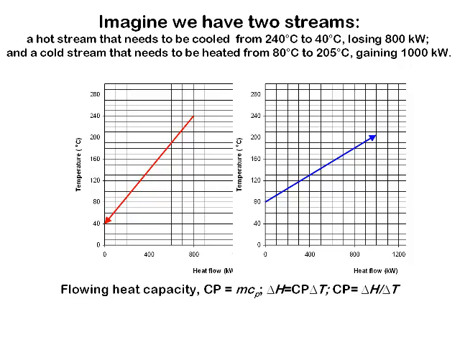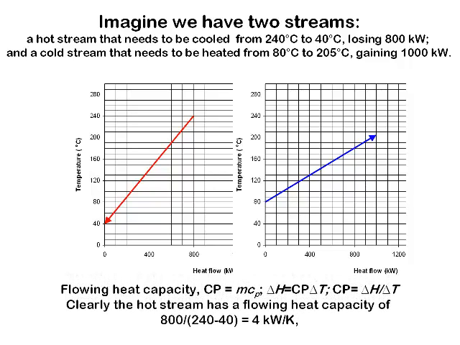So clearly for our particular hot stream, it has a flowing heat capacity that can be calculated as 800, which is the heat flow change, the stream enthalpy change, divided by the temperature change, 240 minus 40, which is 200. 800 over 200 gives us 4 kilowatts per Kelvin.